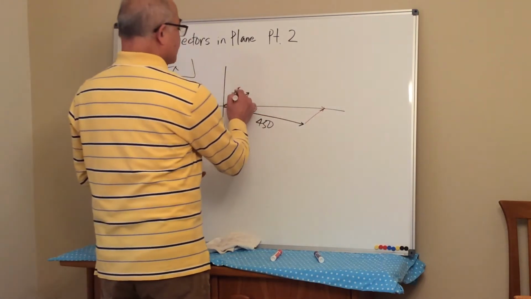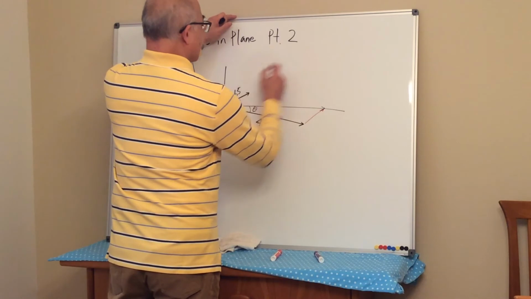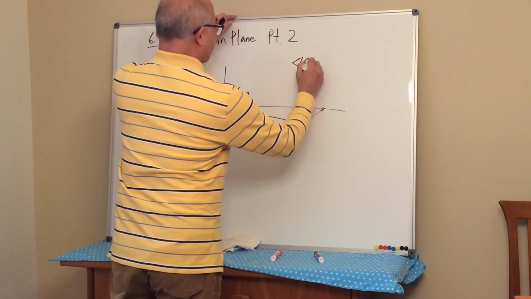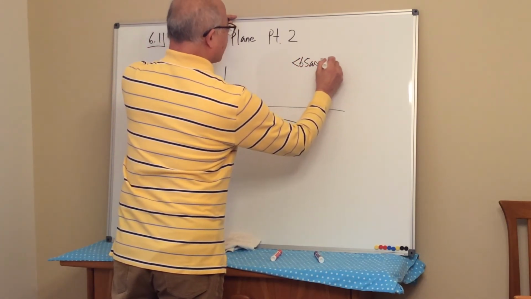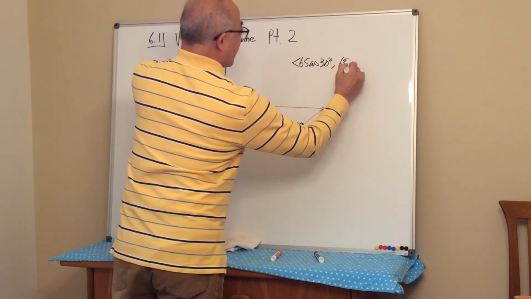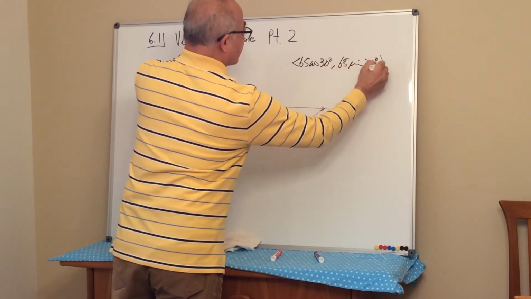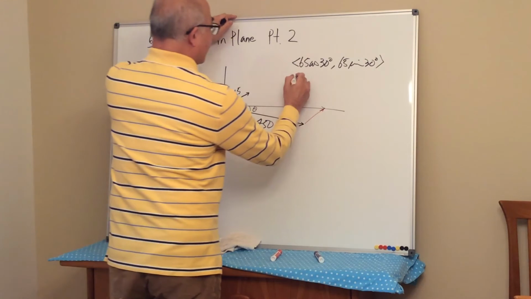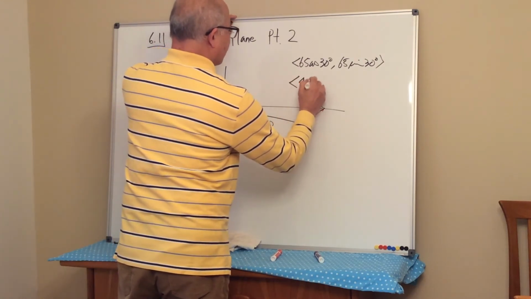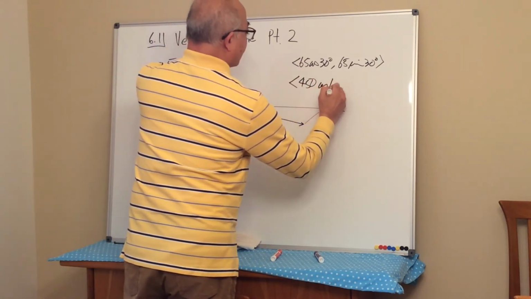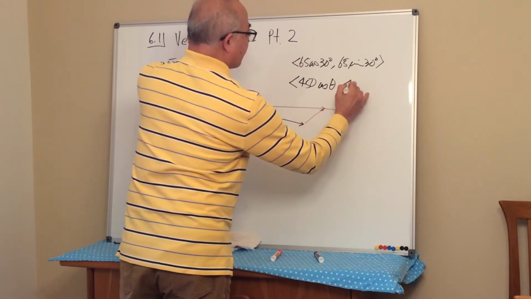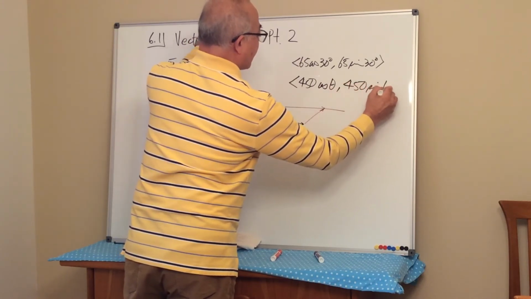So, this guy here is going to look like what? This guy here in component form looks like 65 cosine 30 degrees, 65 sine 30 degrees. Where here, this guy, the x component is 450 cosine theta, and then I'm going to have 450 sine theta.